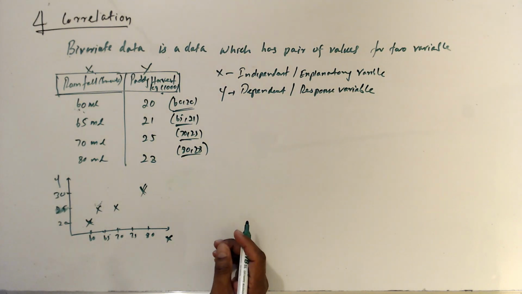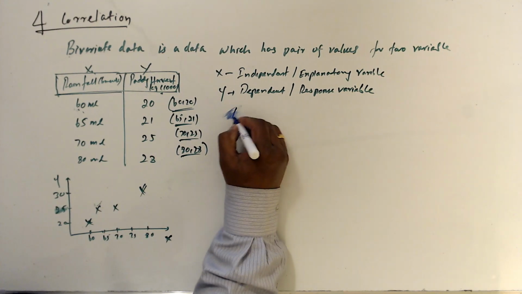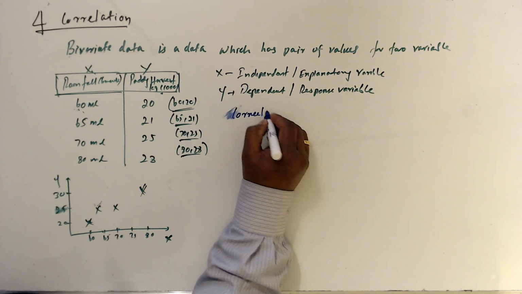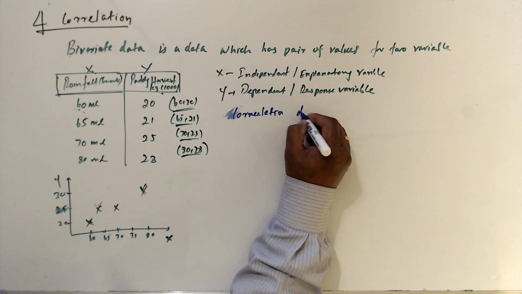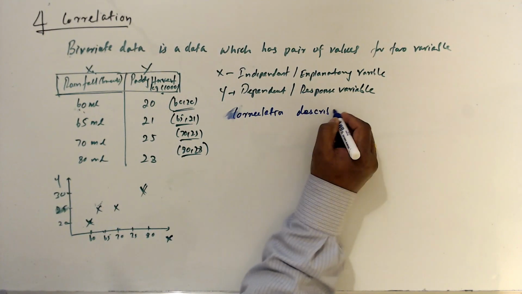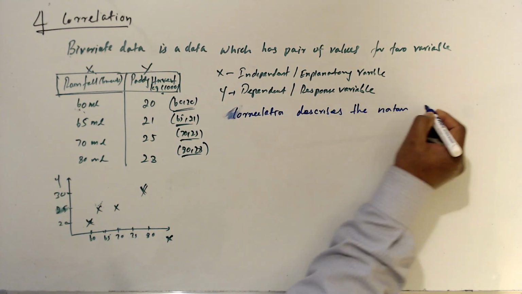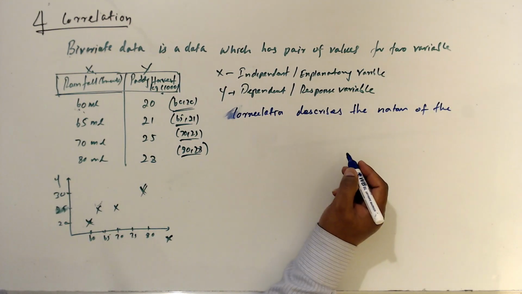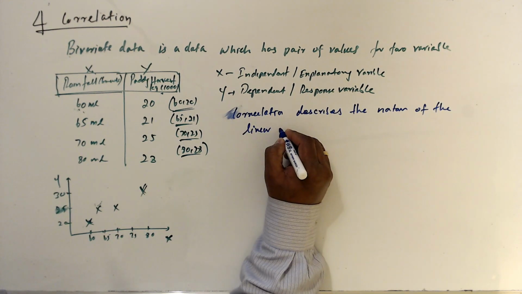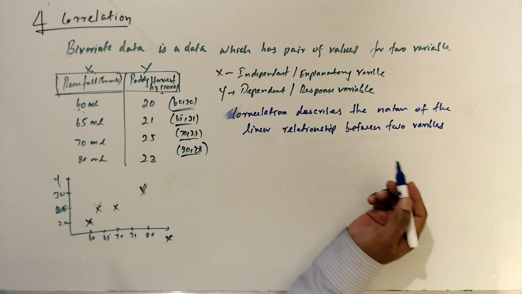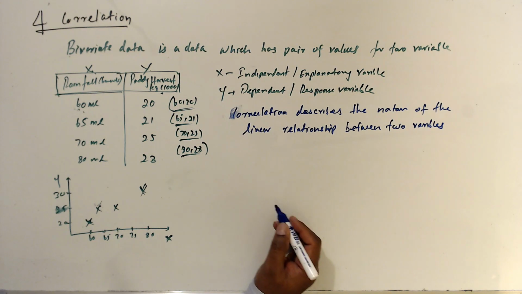That study is correlation. Correlation describes the nature of the linear relationship between two variables.